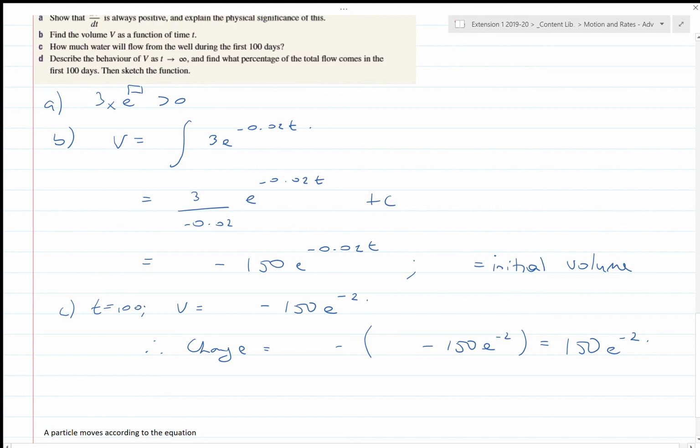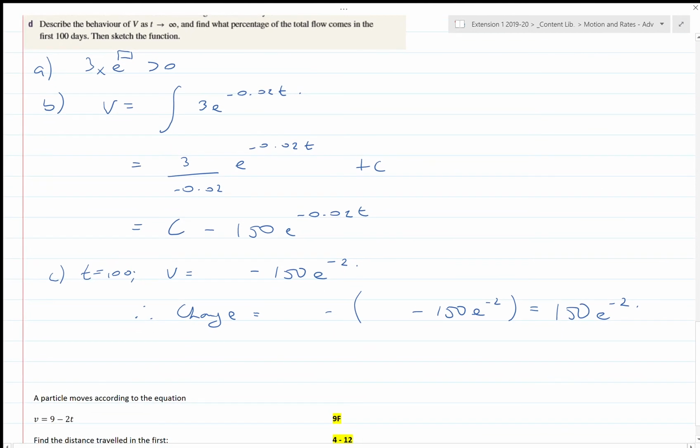I'm just going to call it C and leave it as C. The thing that I did wrong was when I sub in t equals 0, this doesn't go to 0, does it? It goes to 1. So V0 is actually like the initial population less 150. So I get C minus 150 times e to the 0 plus C, and that gives me 150. So I might as well go into the other method now. I was wondering why this didn't work, but anyway.